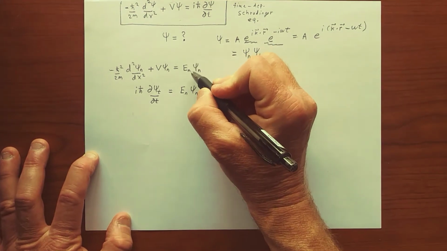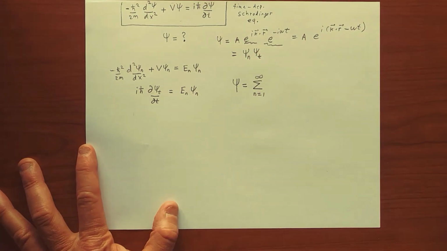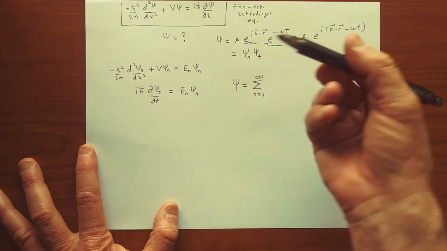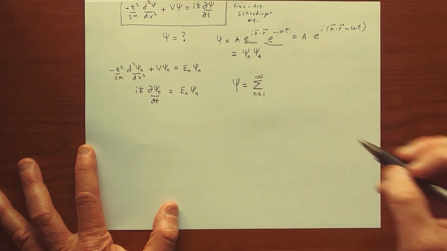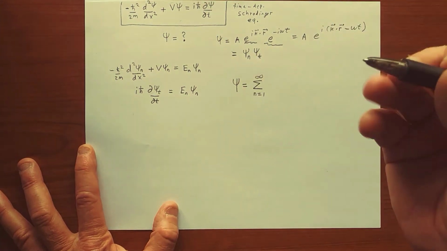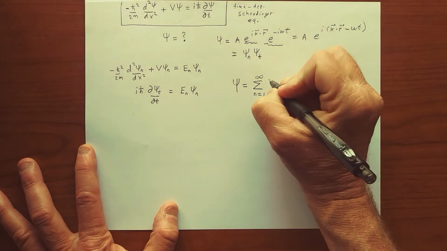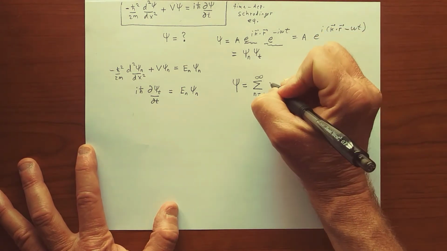So we could have different values of energy. And so the question is also, what is the spectrum of energy? What are the possible values of energy? It's not just one value of energy. And so the n sort of labels the different possible values of energy. And this would look like a sum.